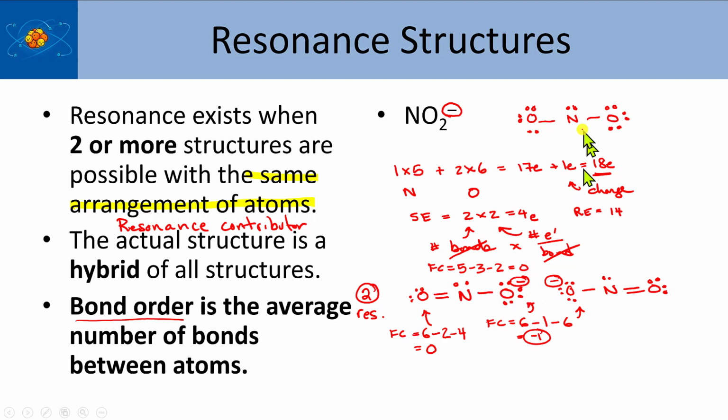Now, if you look at the formal charges on the structure, you'll notice that it comes out to minus 1. And as a general rule, if you add the formal charges up, it equals the overall charge. So another way to say it is the overall charge equals the sum of formal charges.